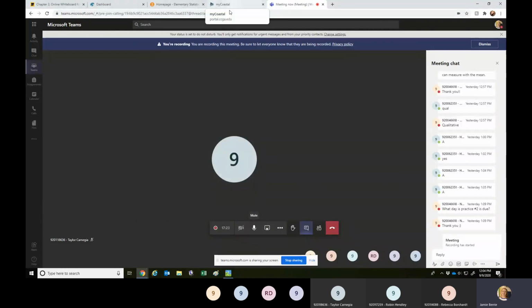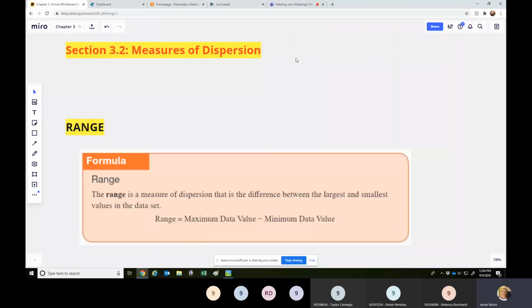All right, so let's go ahead and open up our whiteboard for today. Today we're looking at section 3.2, which is called Measures of Dispersion. Measures of dispersion means that we're going to be looking at how data sets are dispersed, or how they are spread out.